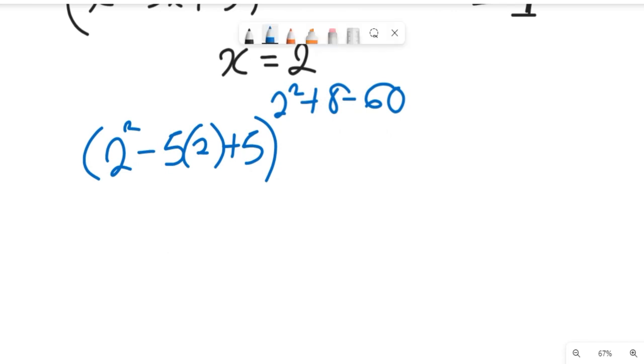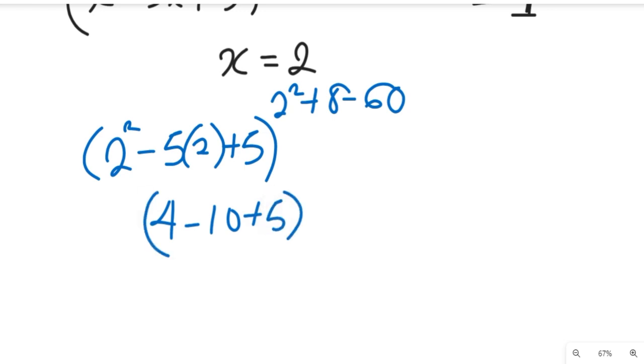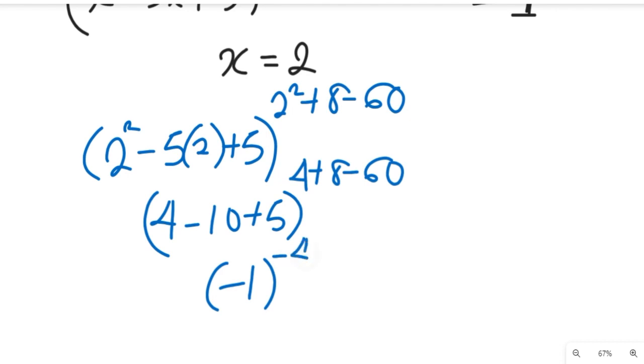If we simplify this, we are going to have 4 minus 10 plus 5, all to the power of 4 plus 8 minus 60. Now, this whole value below here will give us -1, -1 to the power of -48. Now, -1 to the power of -48 will be equal to 1 if you punch it into your calculator.